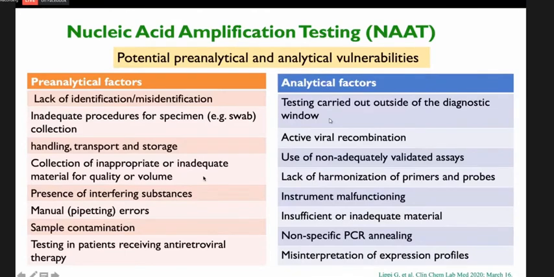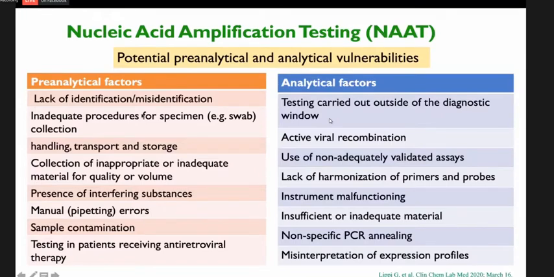This slide shows the various potential pre-analytical and analytical factors that can affect the PCR testing. One or more negative results do not rule out the possibility of COVID-19 infection, as there are a number of pre-analytical and analytical factors that can lead to a negative result in infected individuals.